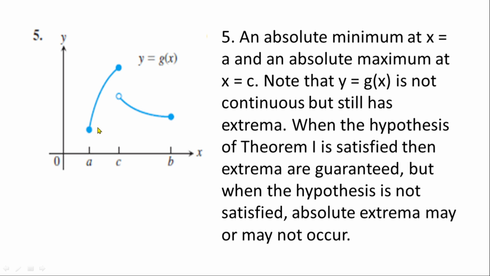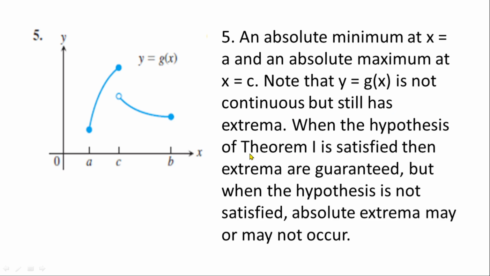Here the function is not continuous, but we can say that there is an absolute minimum and an absolute maximum: an absolute minimum at x equal to a and an absolute maximum at x equal to c. Note that y equal to g of x is not continuous but still has extrema.